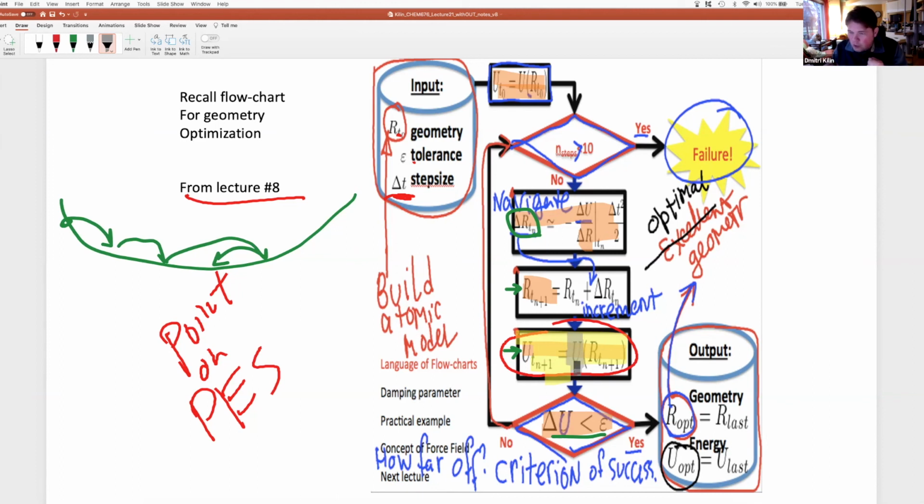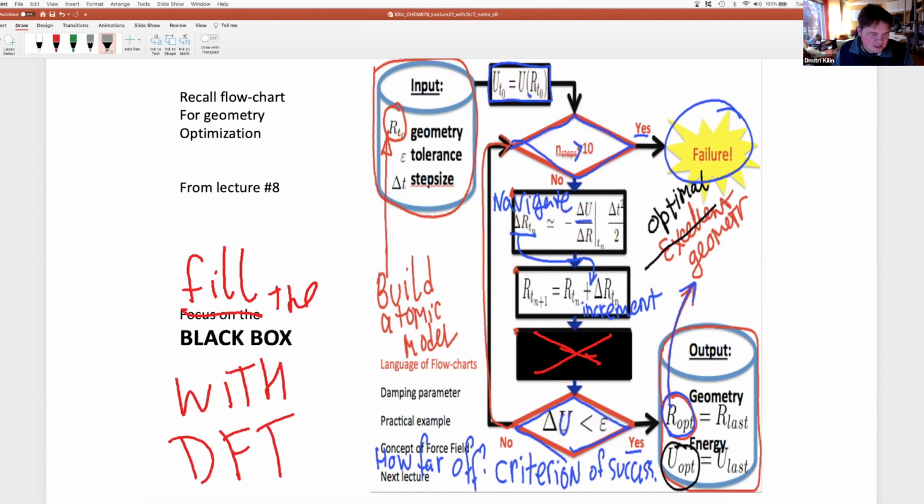So I'm going to do a crazy thing. I'm going to combine these two flowcharts. I'm going to use the flowchart that you just filled in in this Google Doc document. I will fill this big flowchart inside this black box. Before we didn't know what it is.